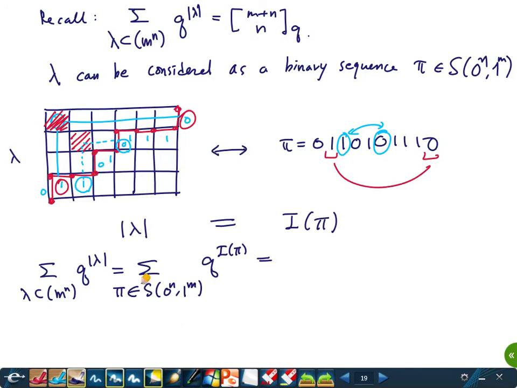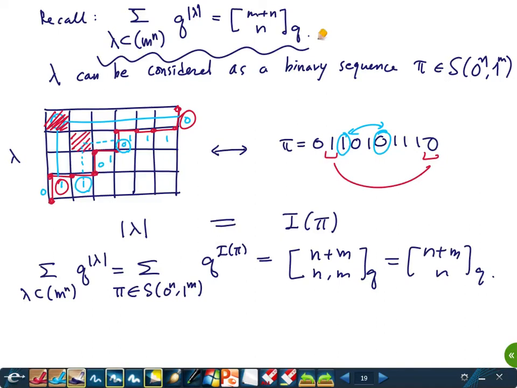But we know what this is from the previous theorem: the multinomial coefficient n plus m choose n, m. But of course, this is equal to the binomial coefficient. That's another proof of this. In the previous proof, we proved this using induction, but now in this way, you can prove this directly.